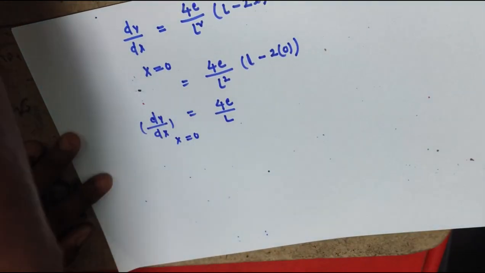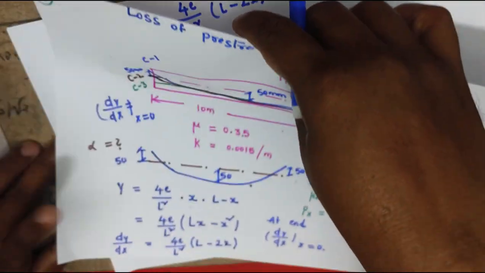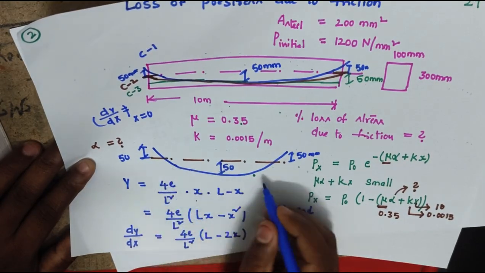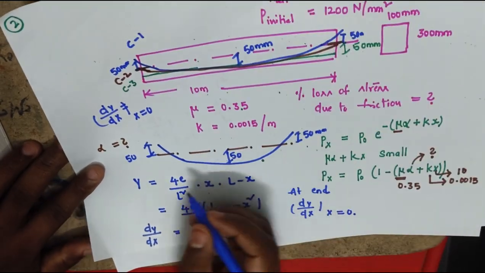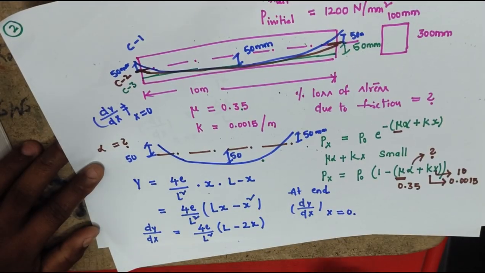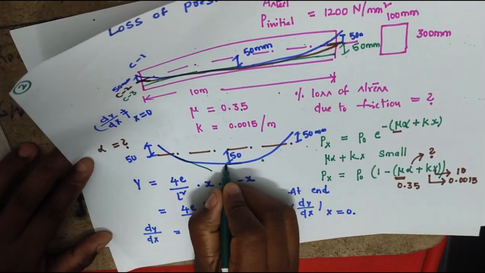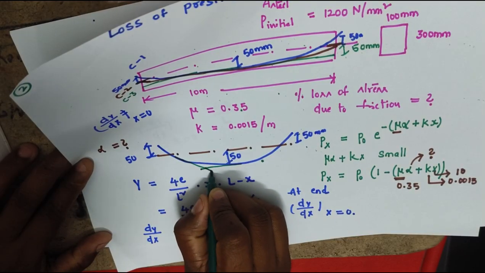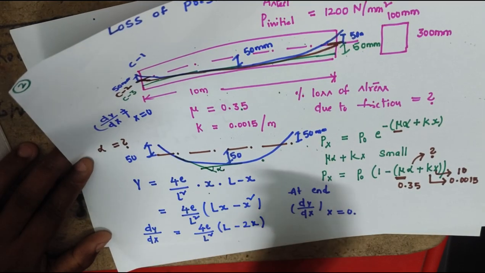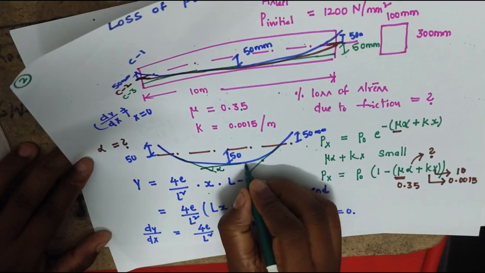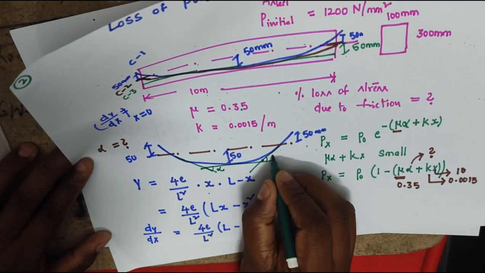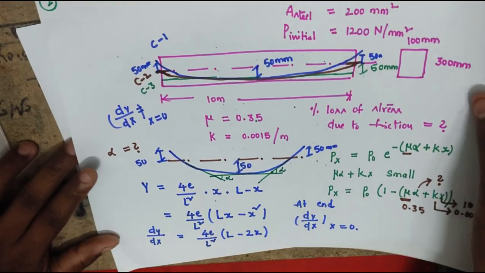As I said, in the case of cable 1, we may have two alphas. This is one alpha. This is another alpha, right?